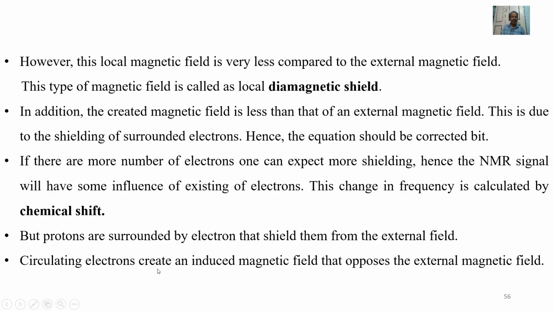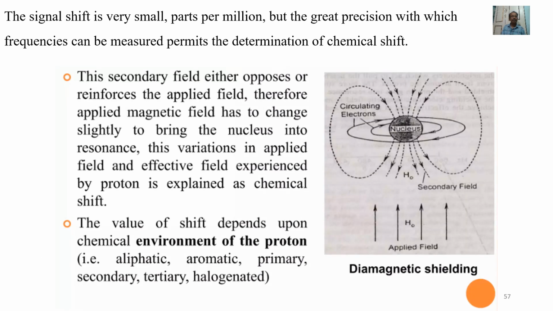Circulating electrons can create an induced magnetic field that opposes the external magnetic field. The signal shift is very small, parts per million, but the great precision with which the frequencies can be measured permits the determination of chemical shift.